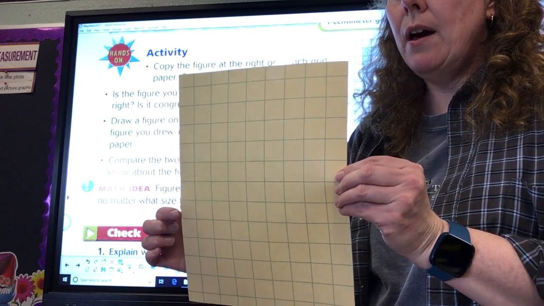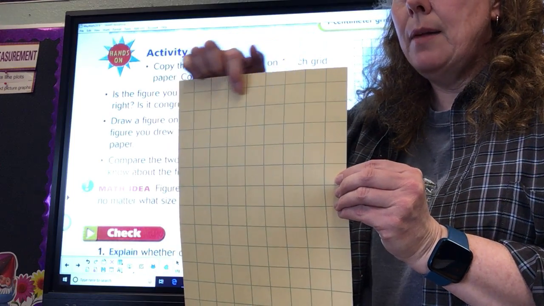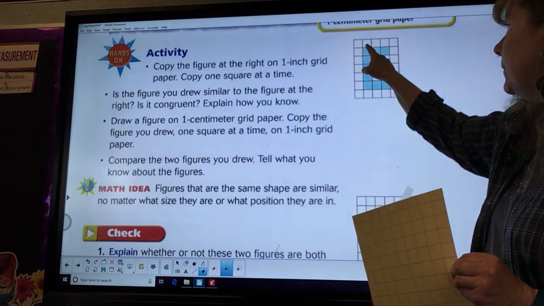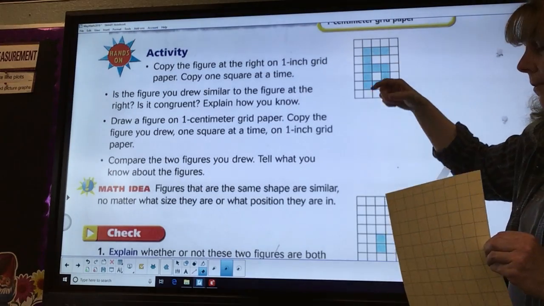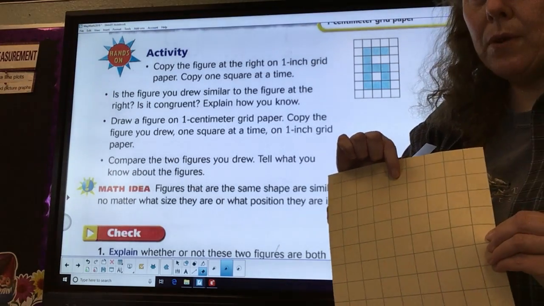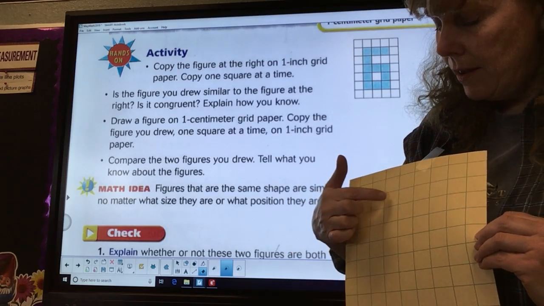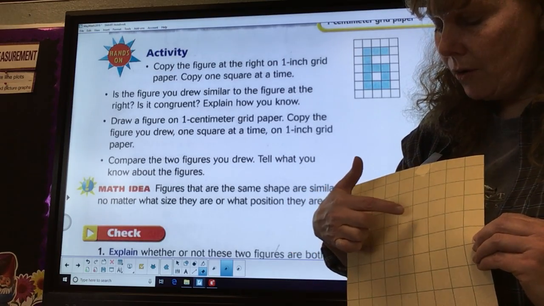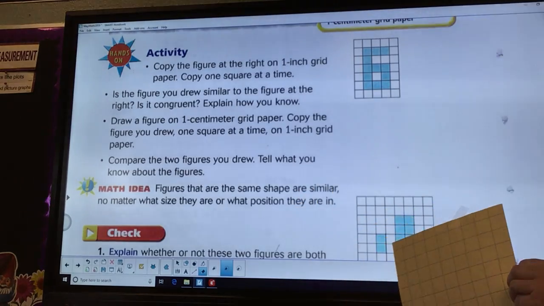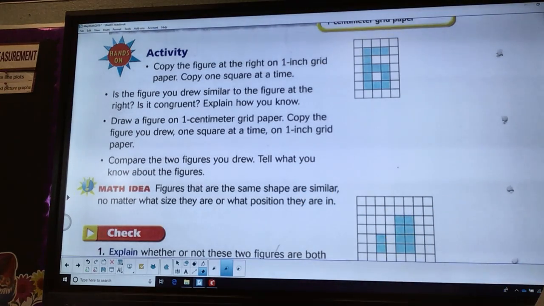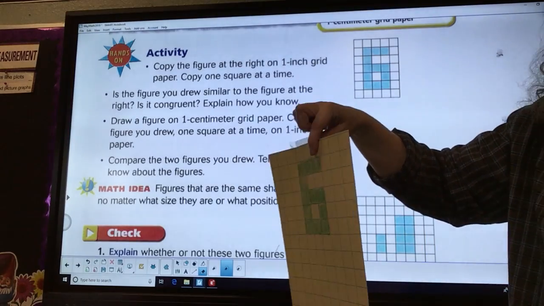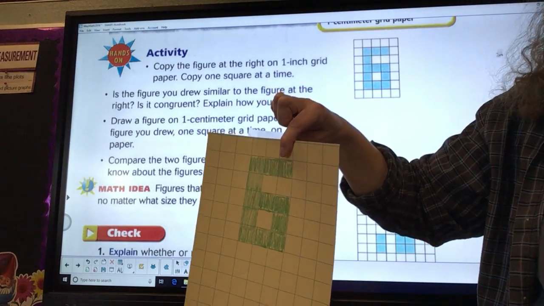Now, the way that we would copy this is I find my top here. I look at my figure. I'm going to go down one row, and then I'm going to color 3 squares. And then I'm going to continue and go down and across and so on and so forth. And just in the effort of time here, I already drew one out. So mine turned out like this.